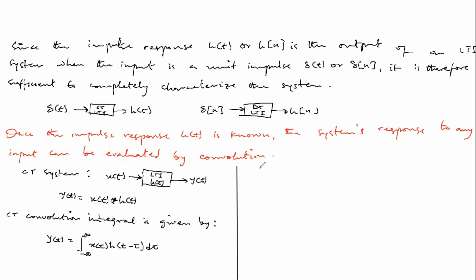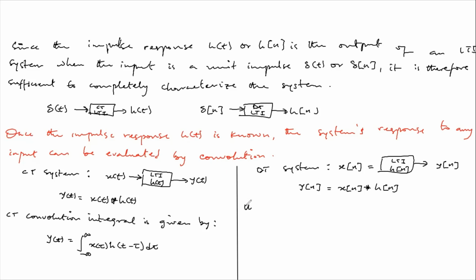While for the discrete time system, for the LTI system, the input s of n gives y of n the same as s of n convolved with h of n.